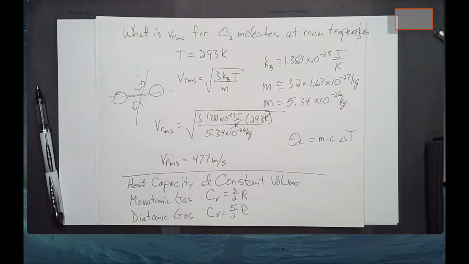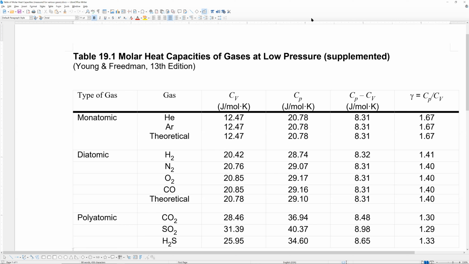Now, this all sounds kind of theoretical, but I want to show you a table of molar heat capacities. It actually has more information in it than we want. It's got different gases listed here, and then there are theoretical values.